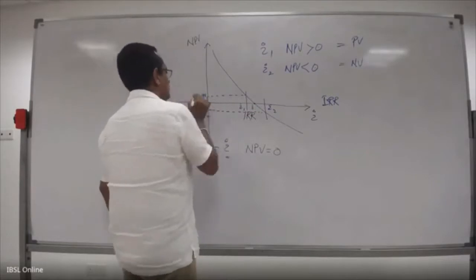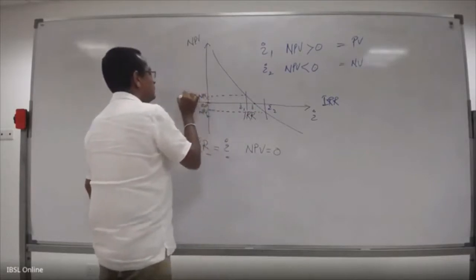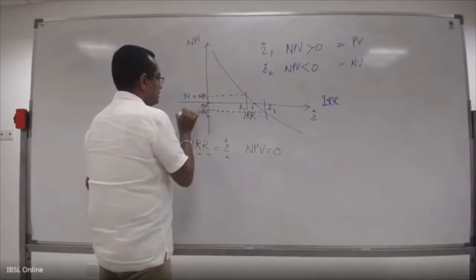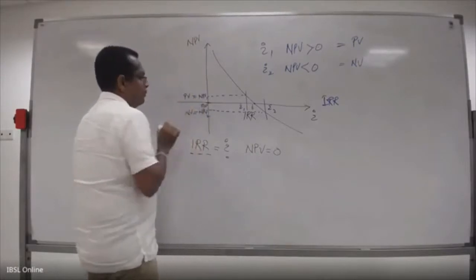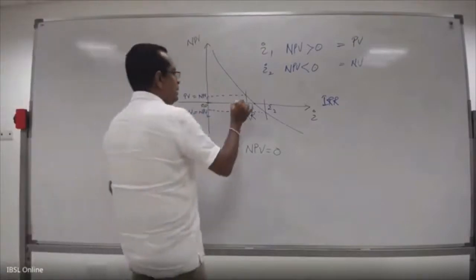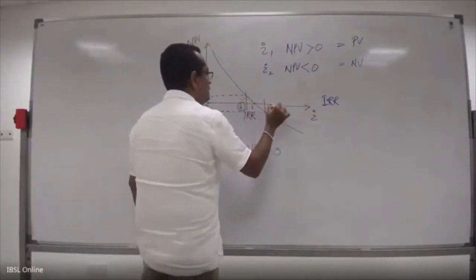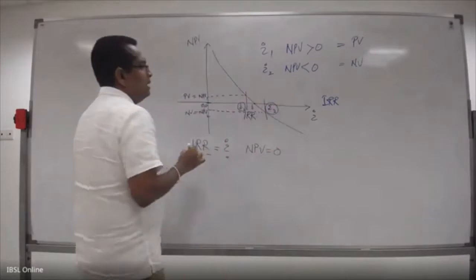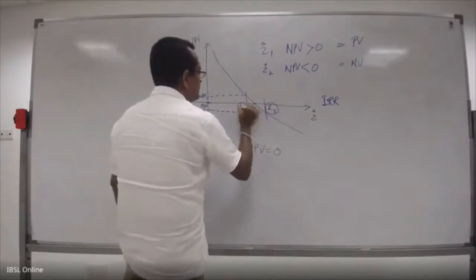This is called the positive value. This is called the negative value. I have to find out these 2 rates in order to find this IRR.